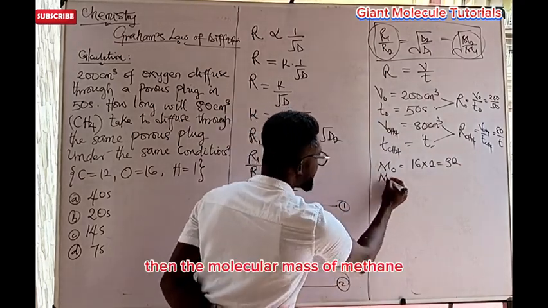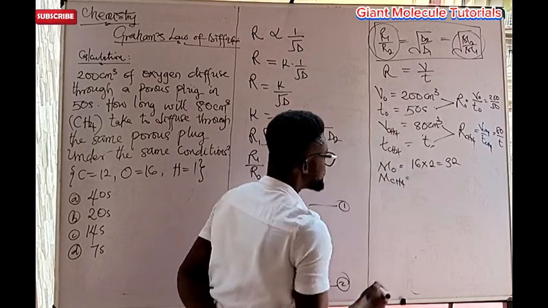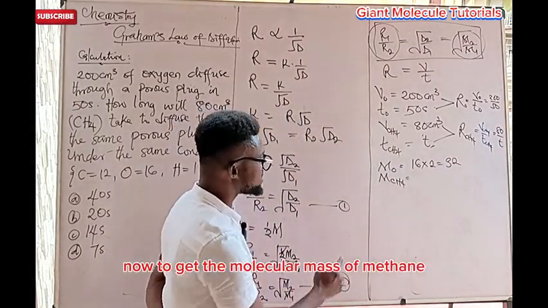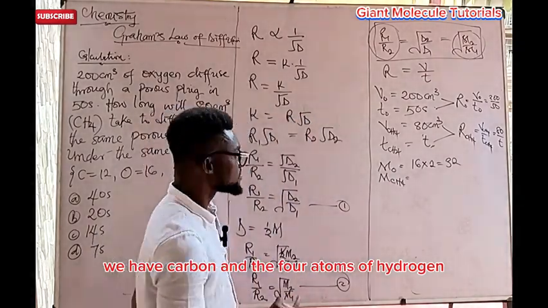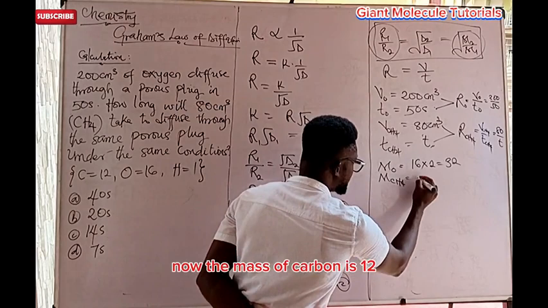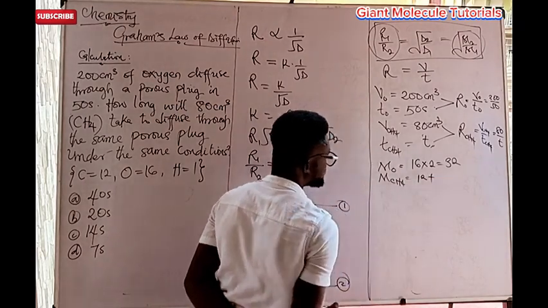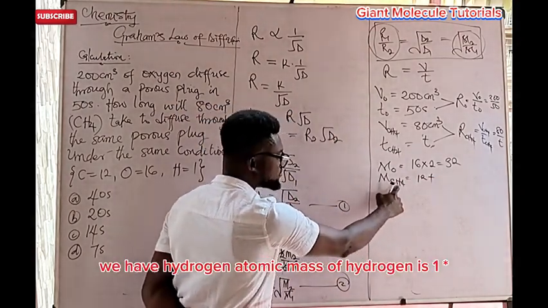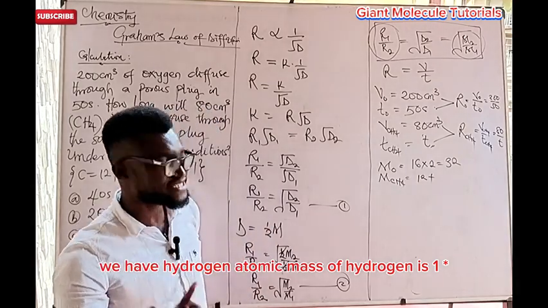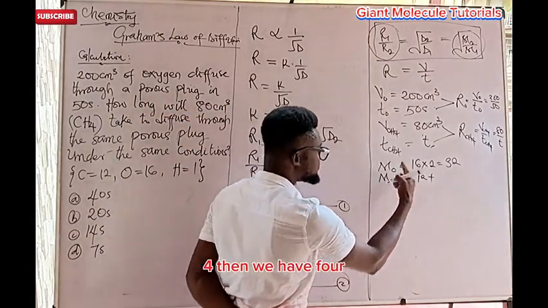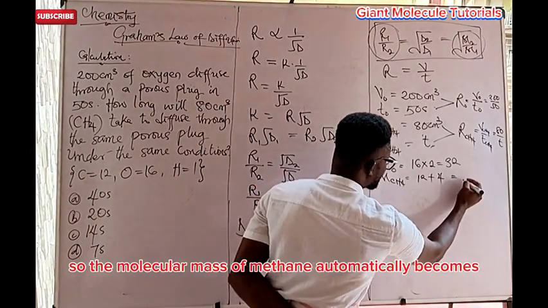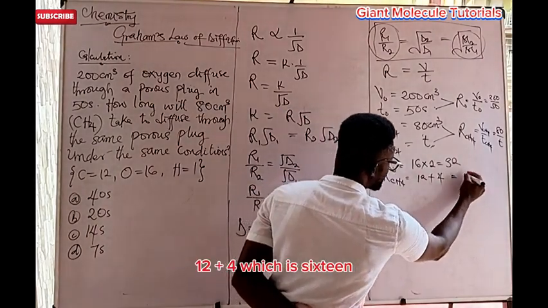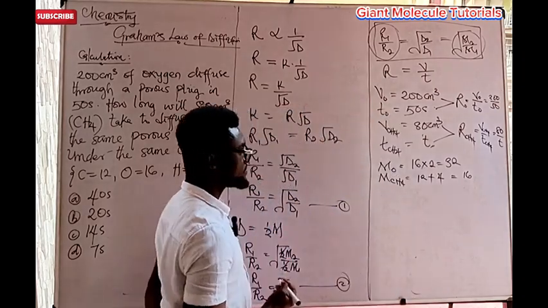Then the molecular mass of methane: to get it, we have carbon and 4 atoms of hydrogen. The mass of carbon is 12. The atomic mass of hydrogen is 1 times 4, which is 4. So the molecular mass of methane becomes 12 plus 4, which is 16.